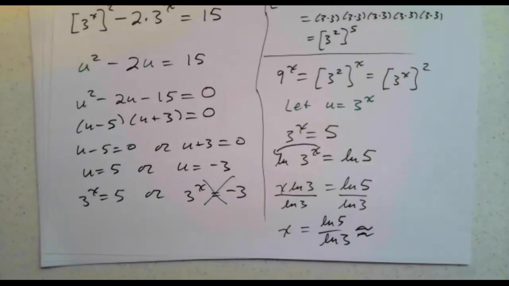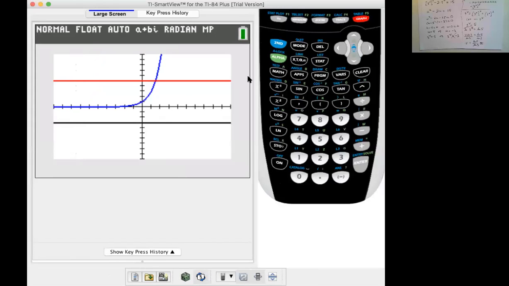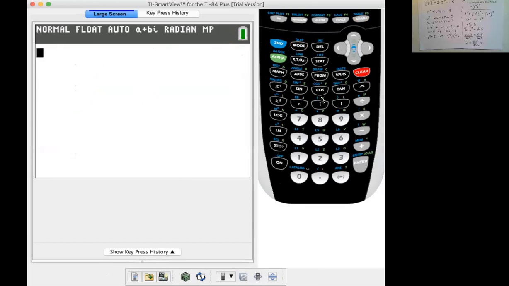So again, we'll go to the graphing calculator to see what that is. Natural log 5 divided by natural log 3.